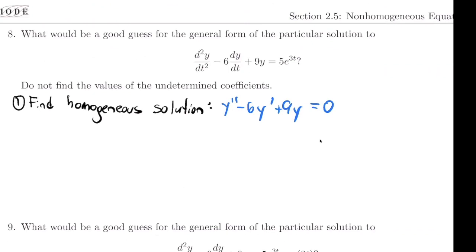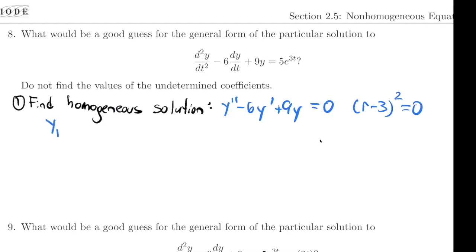Again, this is just to help us identify whether or not we're going to have resonance in our guess. I'll bypass this, but you can see that the characteristic equation would have one double root of 3 in this case.